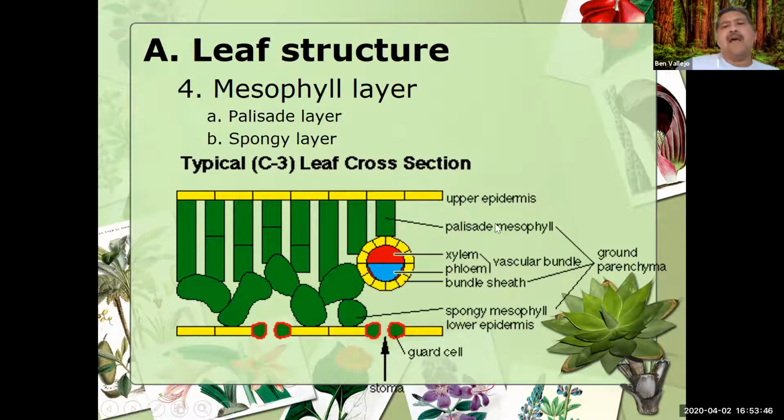Not only do you have the palisade cells, which are part of the mesophyll, but you have the spongy cells, which are also part of the mesophyll. In the spongy cells, you have air spaces, and those are important because the air goes through the bottom of the leaf and then finds places to stay. The air dissolves through these cells.